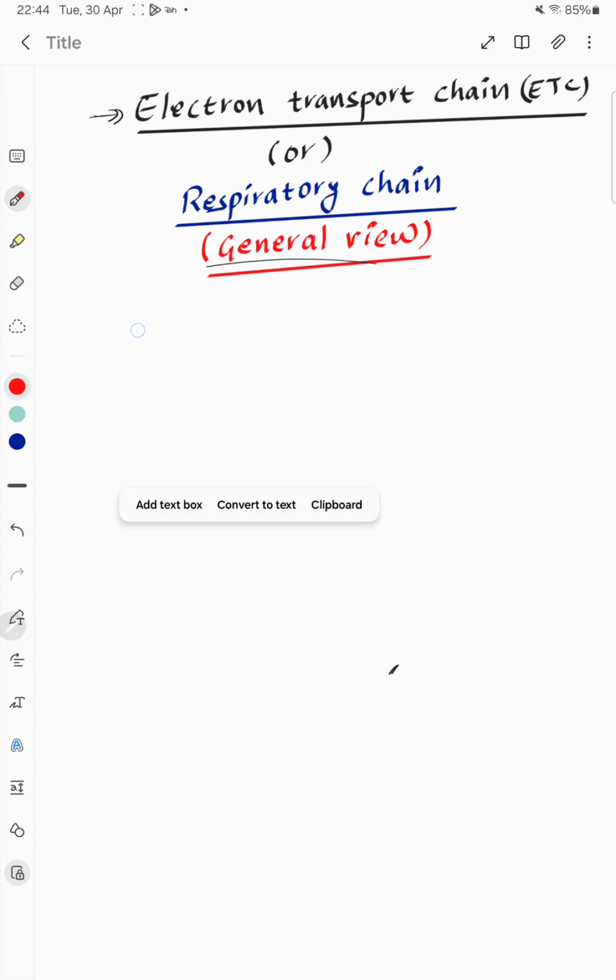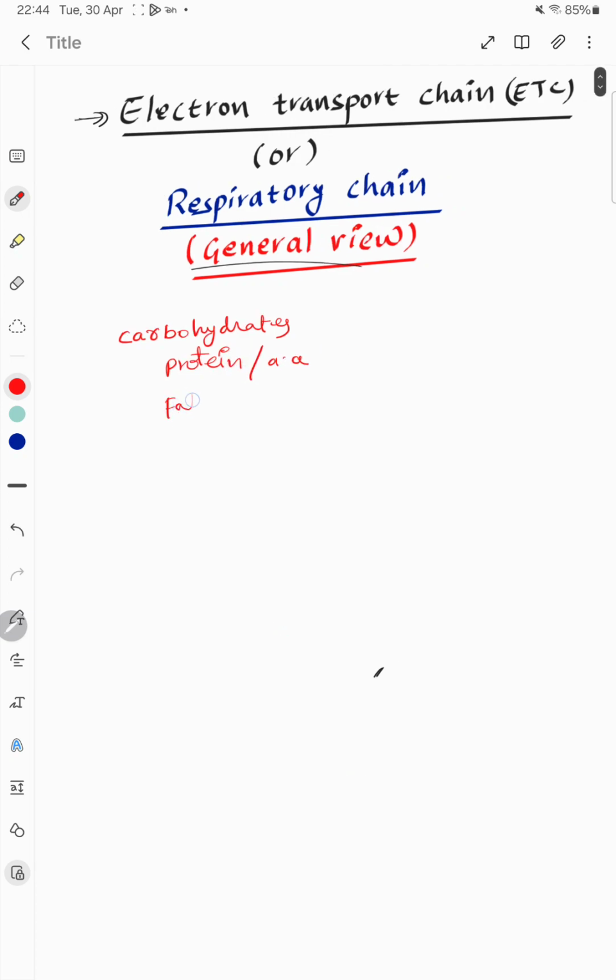See here, mostly living organisms take carbohydrates, proteins, or you can also call them amino acids, and then fats as foods. These are the food materials that we have. Basically we obtain these mostly from plant sources.